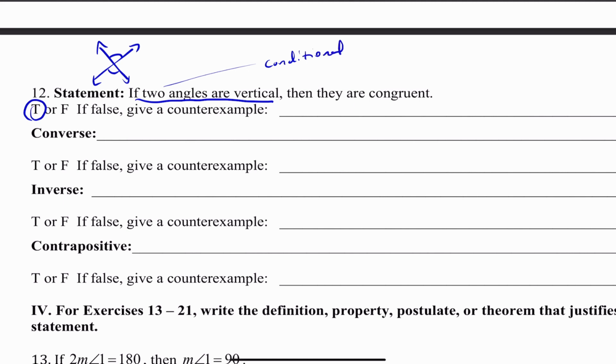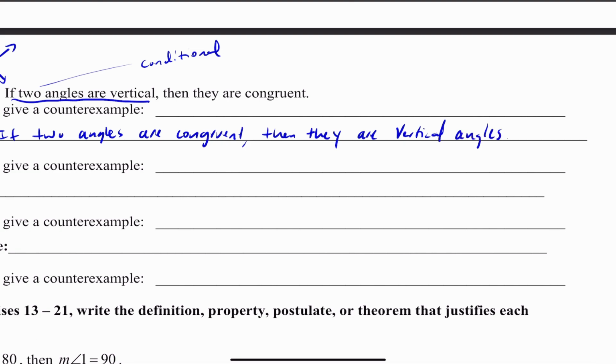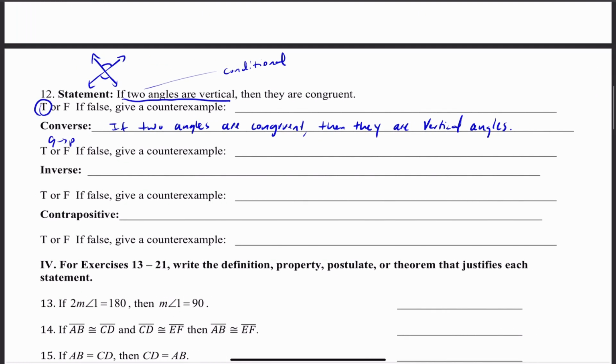That's my given statement. To write the converse, I would say if Q then P. I would say if two angles are congruent, then they are vertical angles.